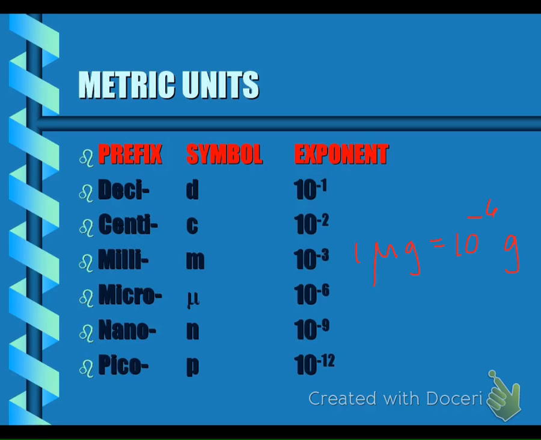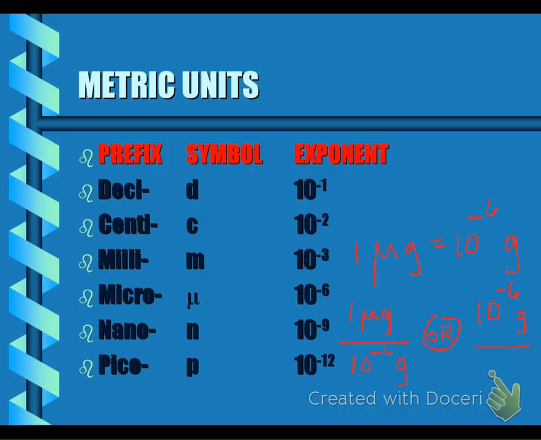Now, we want to use these equalities to do dimensional analysis or factor label, so we're going to rewrite this simple equality as a fraction. If I write that as 1 microgram over 10 to the minus 6 grams, because it is an equivalent value, that would be equal to 1 as a fraction.